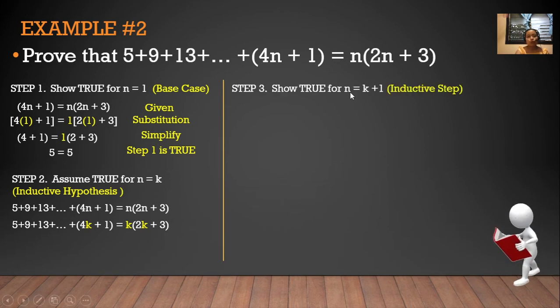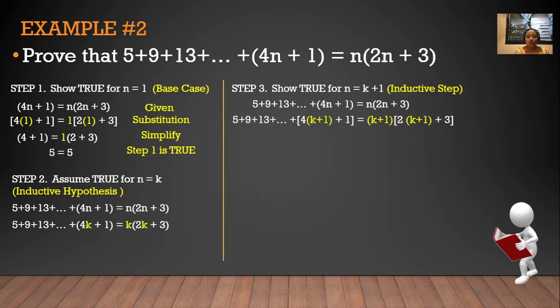Show true for n is equal to k plus 1. So let's change n to k plus 1. Let's go back to the given, this one. And then we are going to change the n into k plus 1. So all n's should be k plus 1.